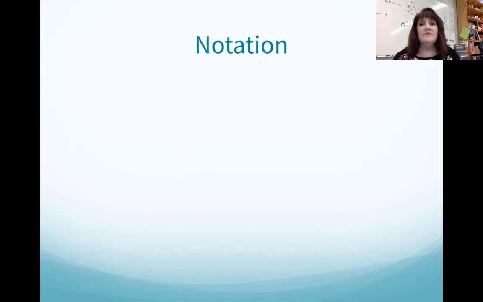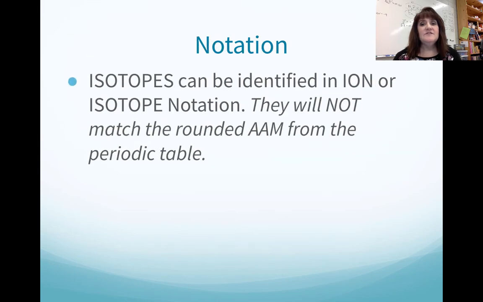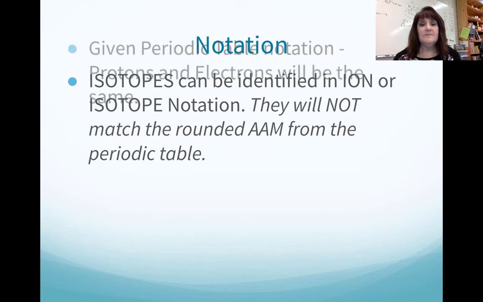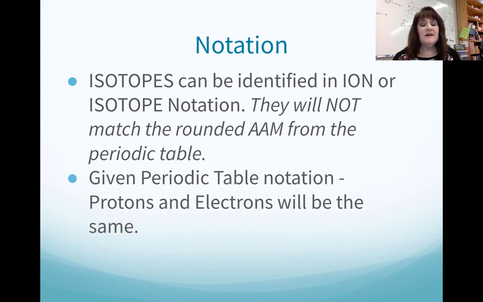Let's look more at that notation. An isotope can be identified in ion or isotope notation. Essentially, it will not match the rounded average atomic mass from the periodic table. Given periodic table notation, protons and electrons will always be the same, right?